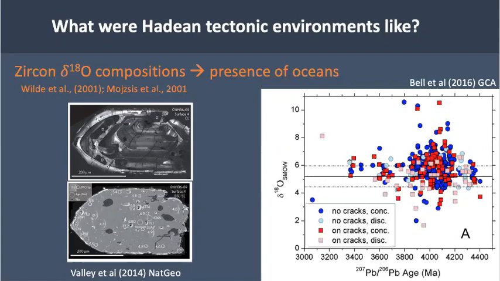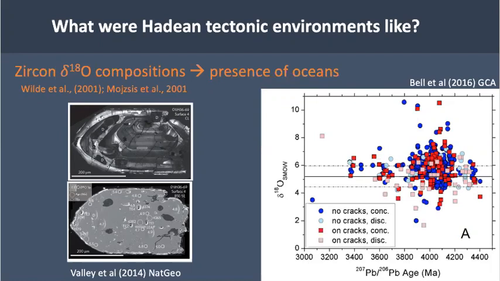If we look at the Jack Hills zircons over time from about 4.37 billion years ago to 3 billion years ago, you can see that the oxygen isotope compositions scatter away from that mantle composition quite a bit. The ones that are higher than the mantle composition here are relatively enriched in oxygen 18, which indicates that the magmas from which they formed, if these are robust signatures that are being recorded in these zircons, involved supracrustal material that had to undergo low temperature interaction with water, basically at Earth's surface.